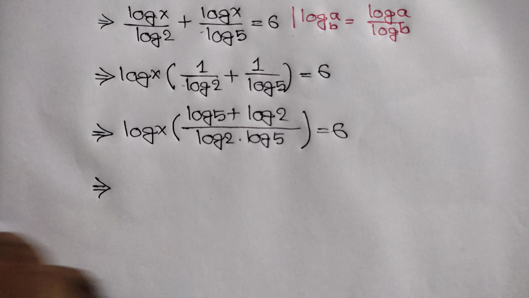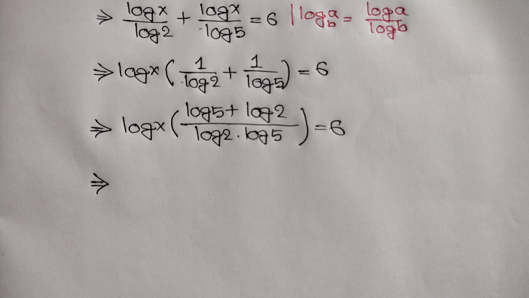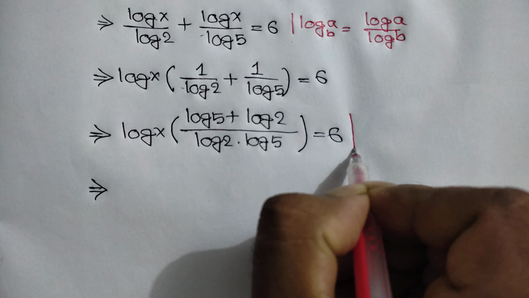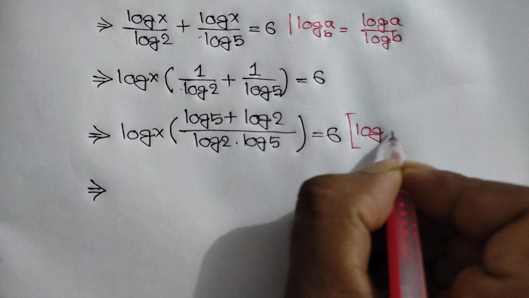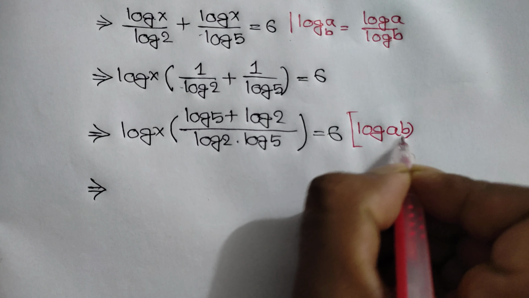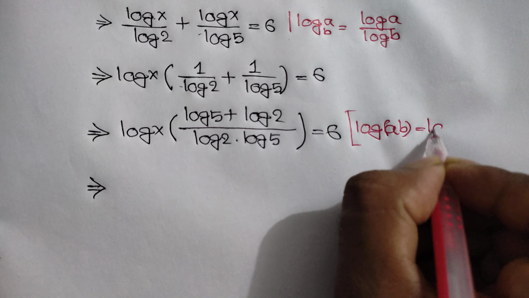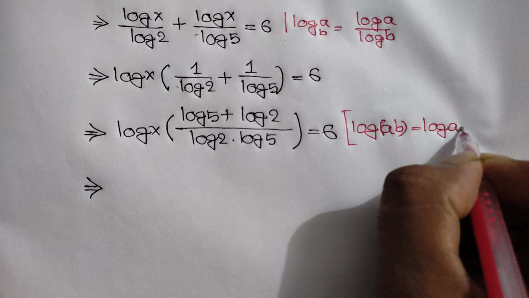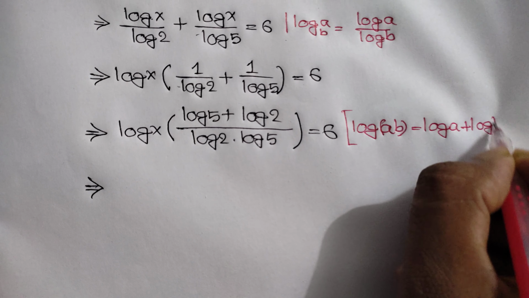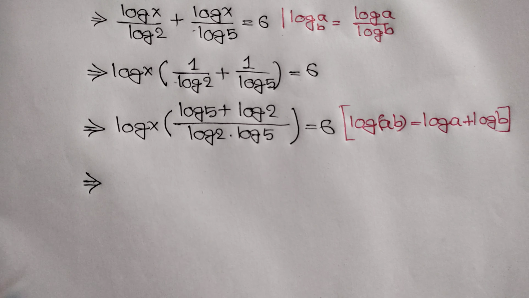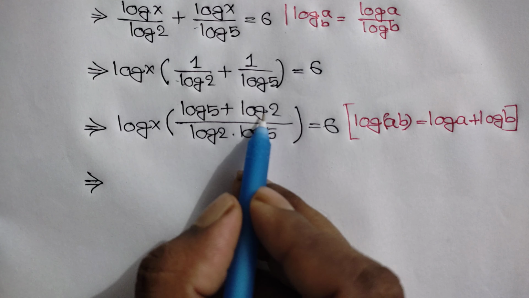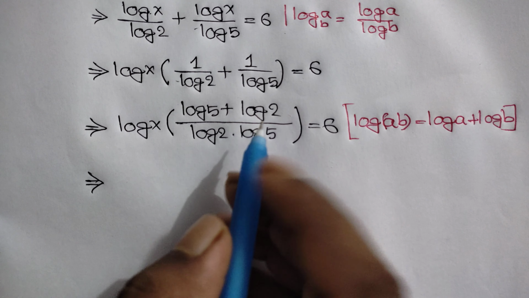Now again we know a logarithm formula: log of AB is equal to log of A plus log of B. Now apply this formula. Here we can write log of 5 times 2 is log of 10.